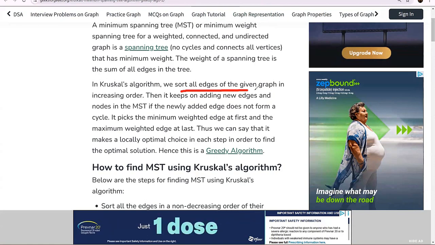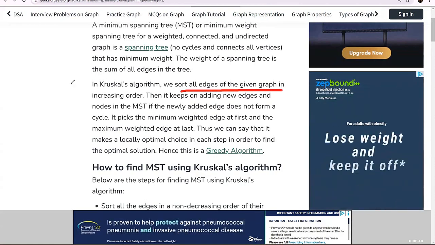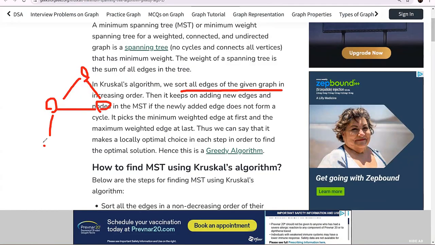You sort all the edges from the given graph. Let's assume that you have different nodes, and I do have a spanning tree from where to where, I don't know. Right now, no node. So basically, let me sort all of the edges that I have.